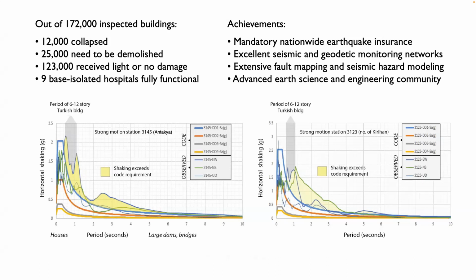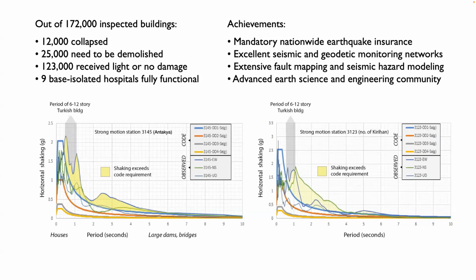Turkey has an excellent seismic and geodetic network and extensive fault mapping. And basically, I couldn't have given this talk had those not been there. You saw the geodesy, the monitoring, the seismic data, all of which is possible because of what they've done, and a leading earth science and engineering community. So there are achievements, even though there are failures.